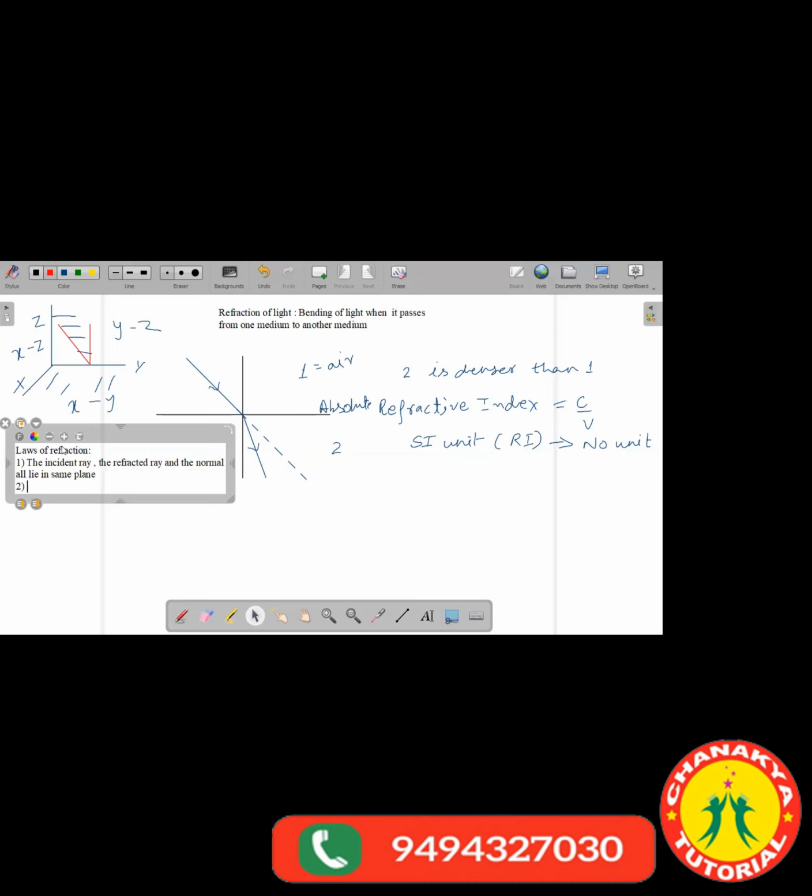So the rule says that the ratio of sine of angle of incidence to the sine of angle of refraction is a constant, and is equal to the refractive index.